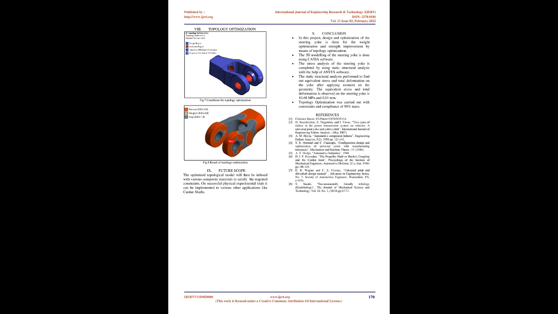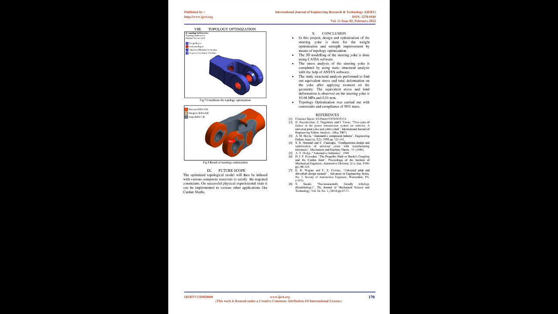Conclusion. In this project, design and optimization of the steering yoke is done for weight optimization and strength improvement by means of topology optimization. The 3D modeling of the steering yoke is done using CATIA software. The stress analysis of the steering yoke is completed using static structural analysis with the help of ANSYS software.